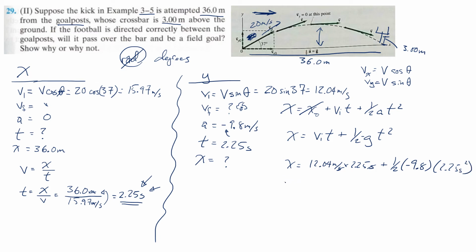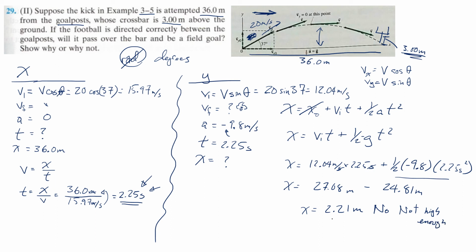When you plug in all that math, I got 27.08 meters minus, and then I did all this, 24.81 meters. So if you did that math, x is actually 2.21 meters, and it needed to be over 3, so no, not high enough.